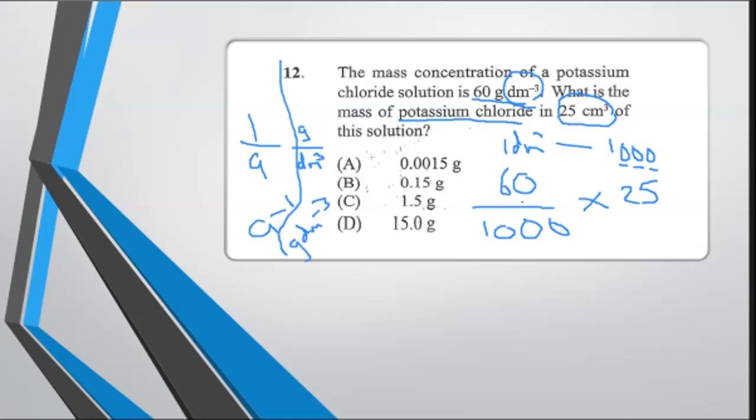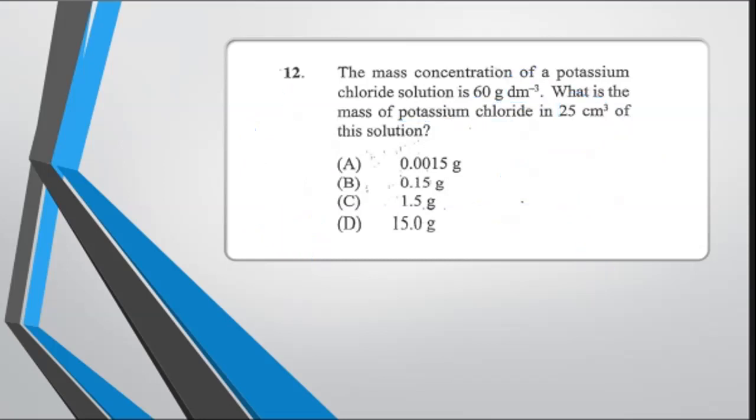So grams over dm cube is the same as grams dm to the minus 3. Just like how this became A to the minus 1, this became dm to the minus 3. All right? So in essence, that's just a little bit of mathematics. I'm just trying to tell you why this 1,000 is below here.